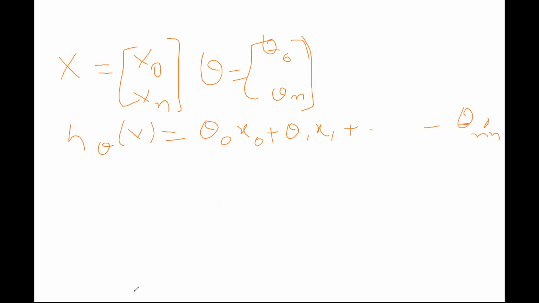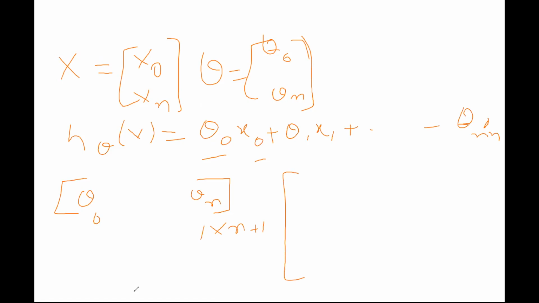This is a multiplication of two vectors, theta and x. First of all, how can we multiply two vectors? If I have theta naught to theta n, this is a 1 cross n matrix; because we added theta naught, it becomes 1 by n plus 1.